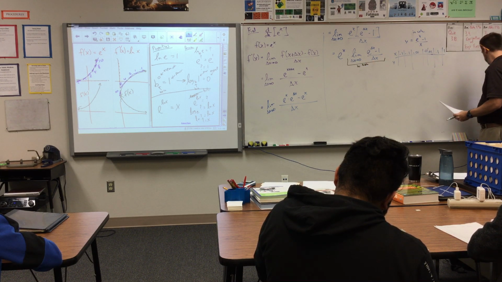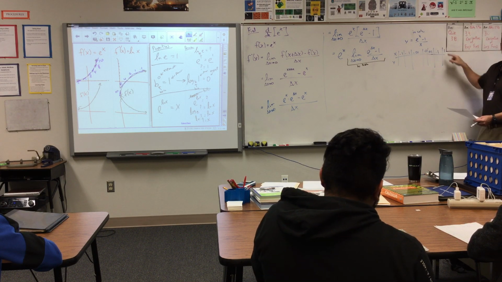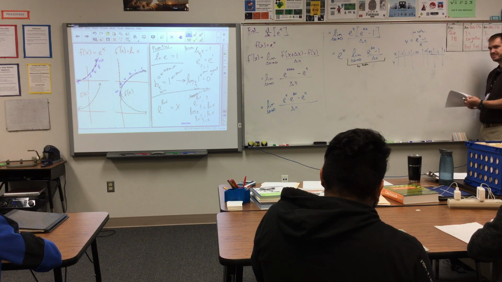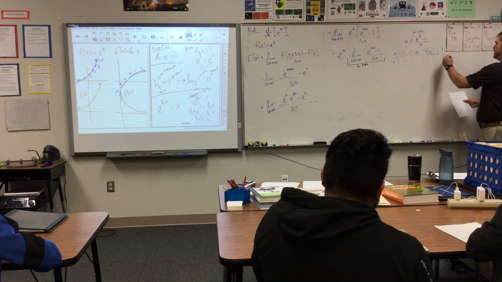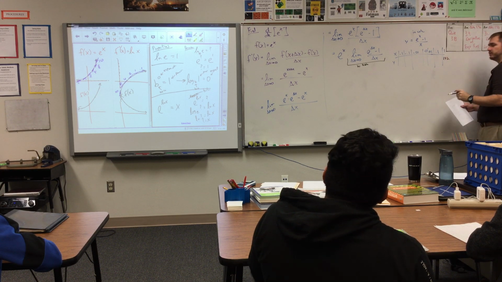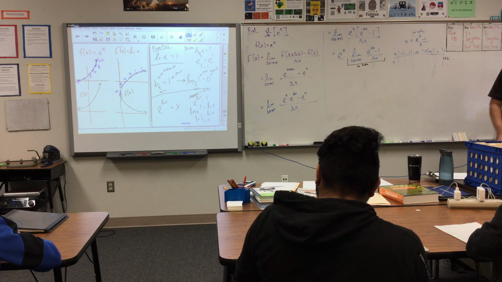Alright gentlemen, do you have a number for 1? 1.72. I hear 1.72. What about for 0.1? 1.05. Ladies, do we have a value for -1? Yeah, it's 0.63.